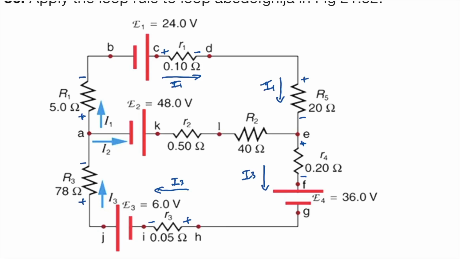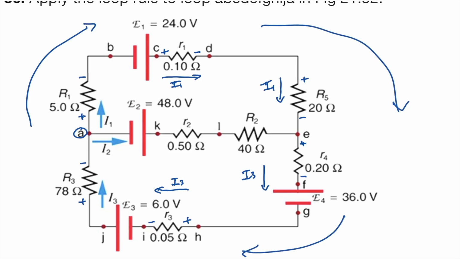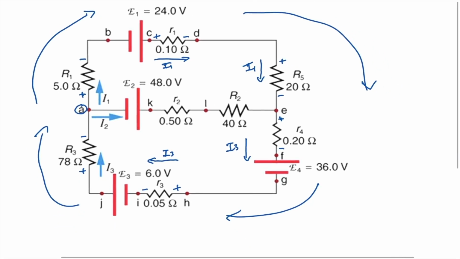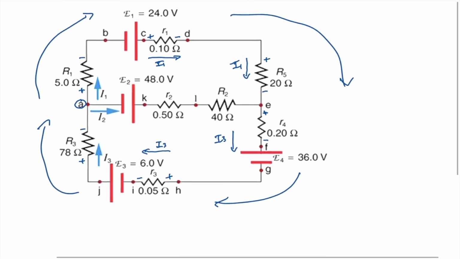Okay, so we are going to start at A and traverse the circuit this way until we get back to A. And so we need all the potential drops. We can use Ohm's law, and the potential drop or gain or rise across a resistor is going to be I times R. Okay, so let me zoom out just a little bit more.